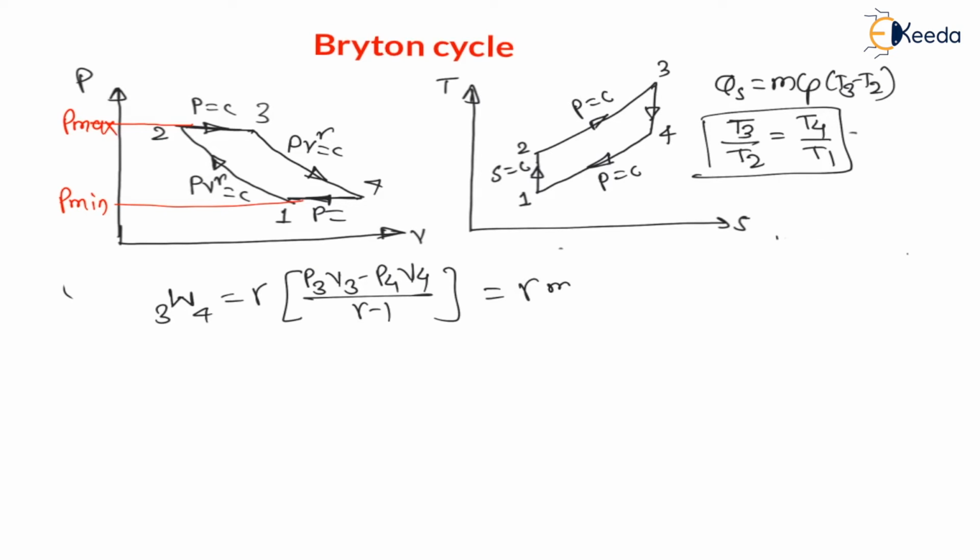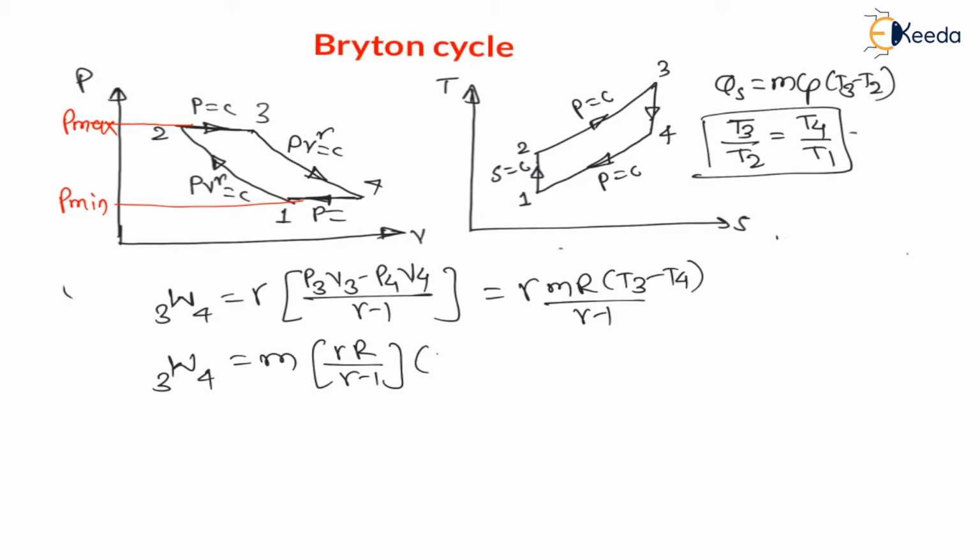Therefore we can write M R into T3 minus T4 divided by gamma minus 1. Therefore work 3 to 4 we can write is equal to M gamma R divided by gamma minus 1 into T3 minus T4. And just now for the first process we have seen that gamma R divided by gamma minus 1 is Cp.